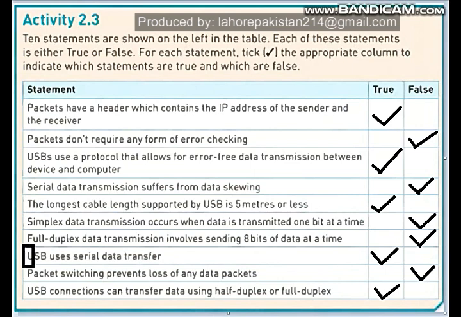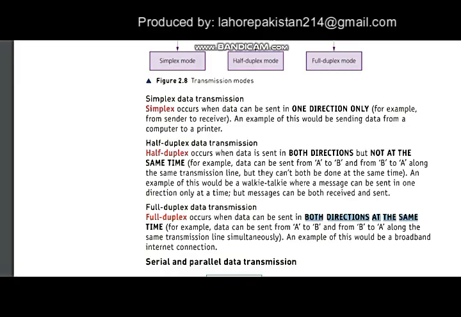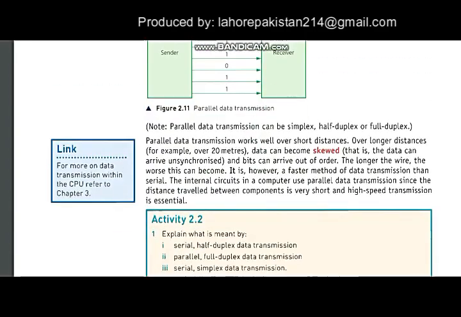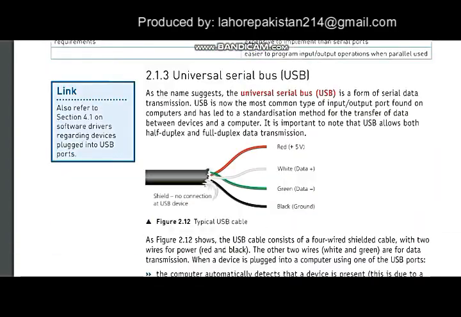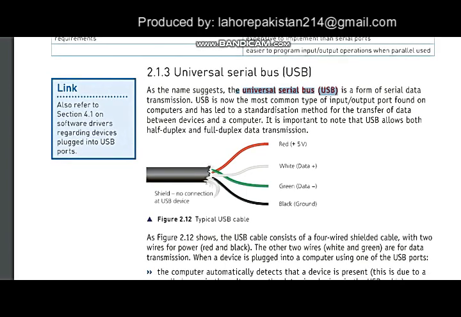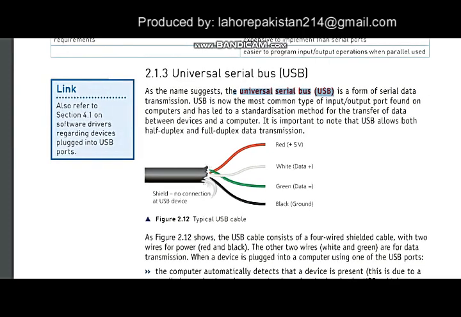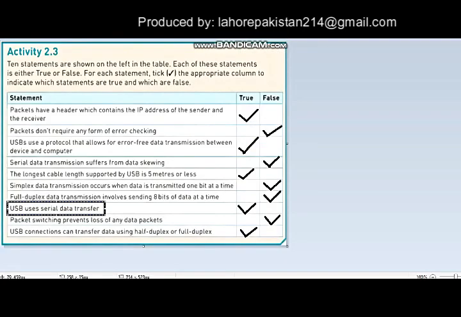The next statement is this: USB uses serial data transfer. As the name of USB indicates, USB is universal serial bus. So its name proves that it follows serial data transmission, which means one bit at a time is transferred.